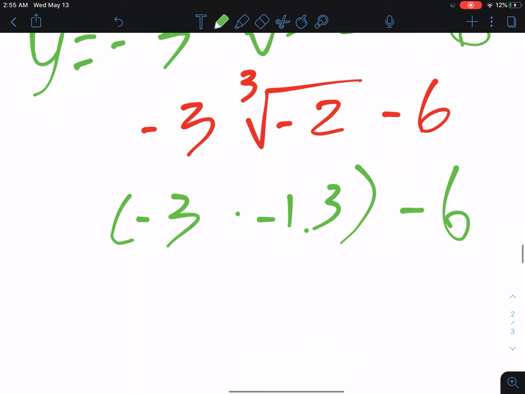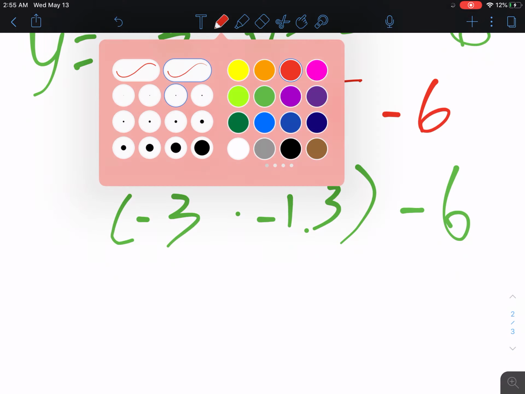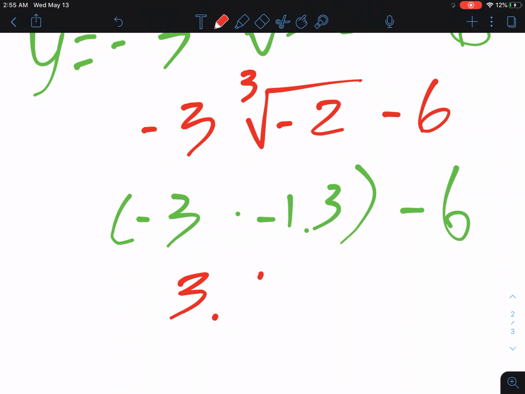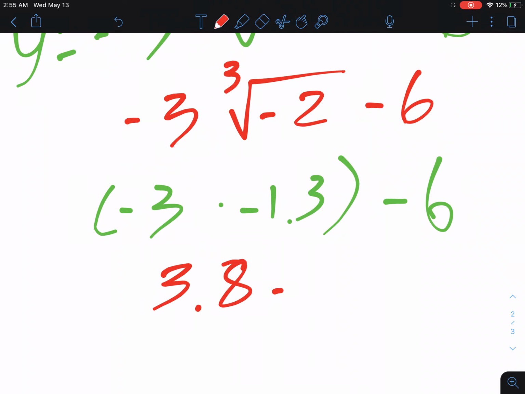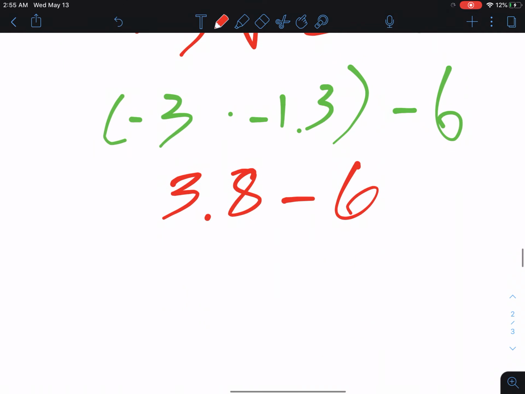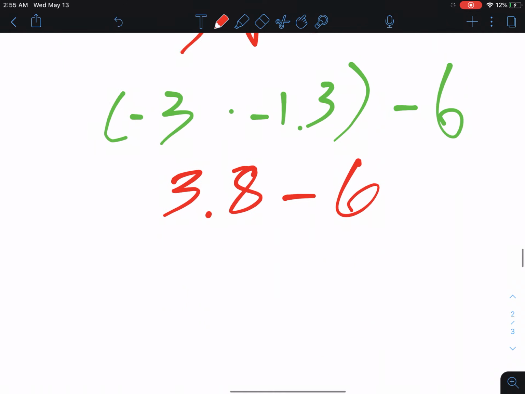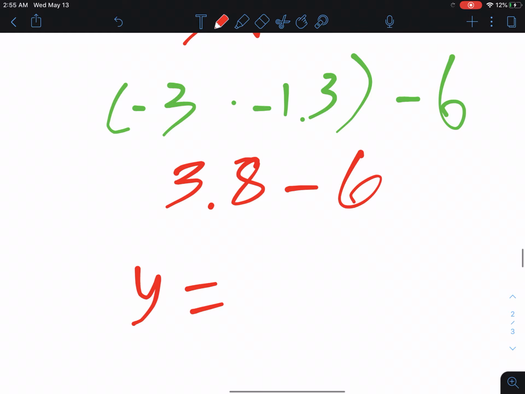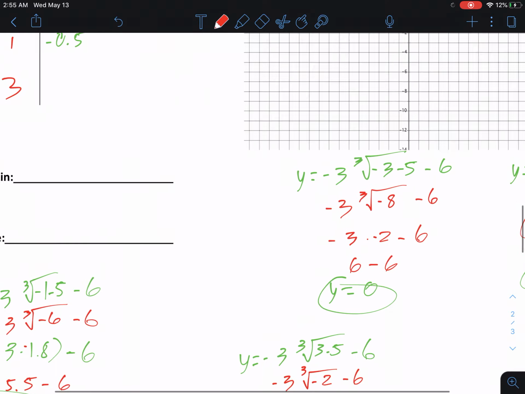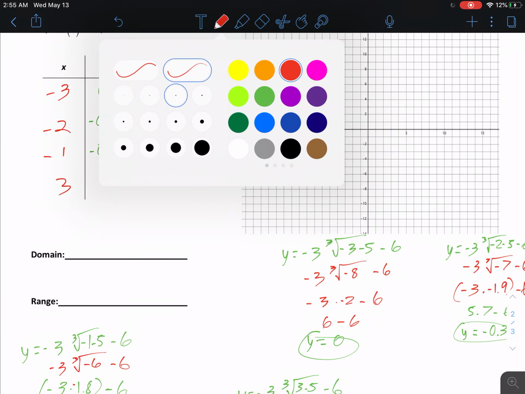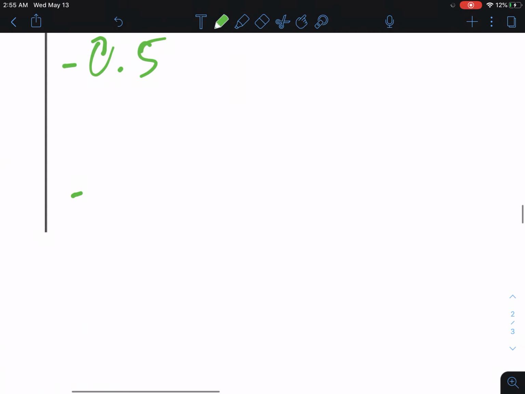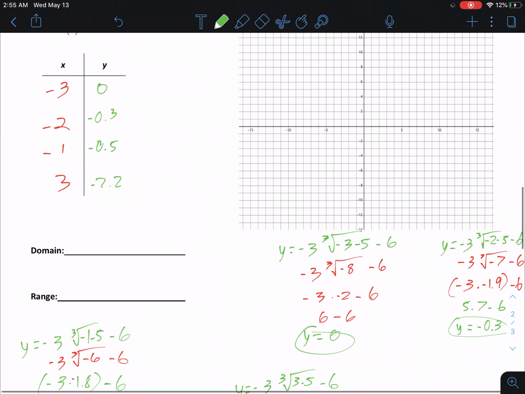So then negative 3 times negative 1.3 gets us a positive 3.8 rounded. And it's positive because a negative times a negative equals positive. Then minus 6. And then 3.8 minus 6 gets us at negative 2.2. So y equals negative 2.2, and our y point is negative 2.2.